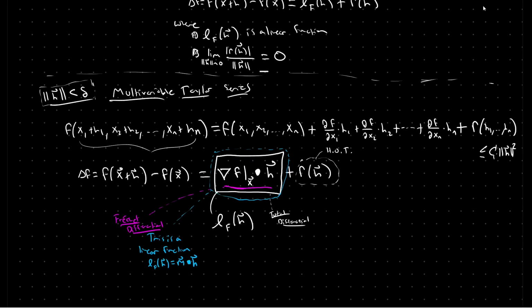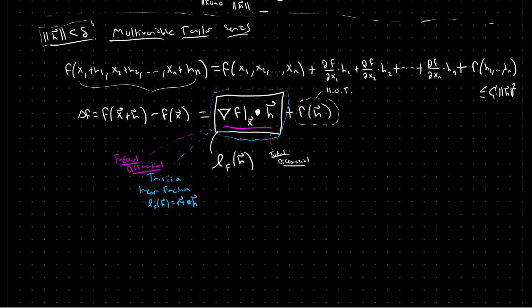And I'd really like to show exactly how we get the gradient vector here very naturally from the definition of the Frechet differential.